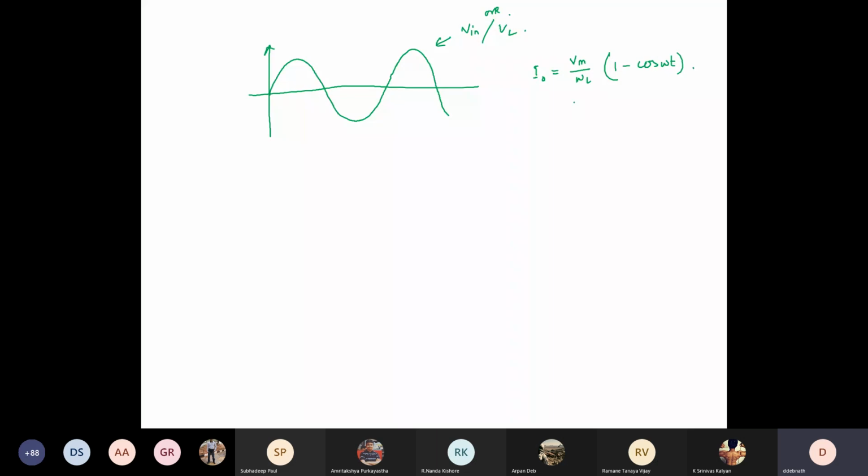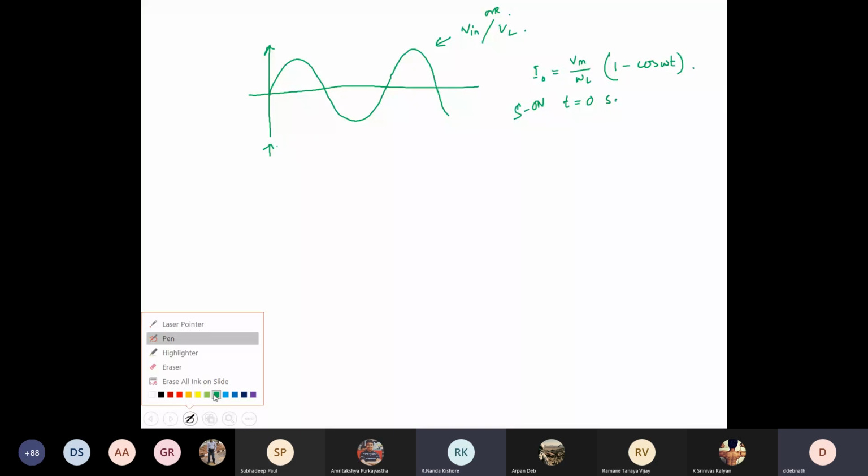This is when you are turning on the switch S at t equal to 0, right? 0 seconds here. So how will it look?